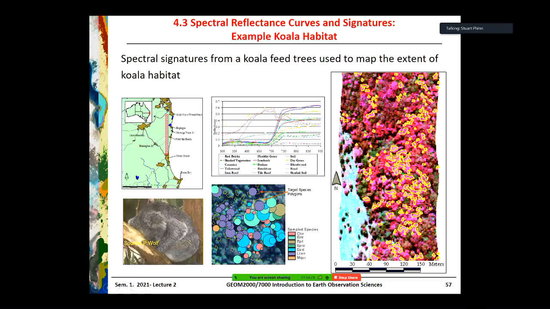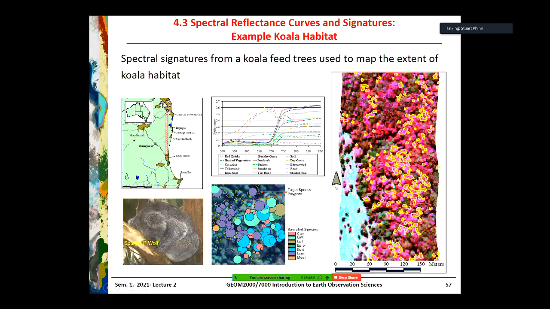So we went out with the field spectrometers, the same type as what you'll use next week, with some of the botanists and ecologists, hired some cherry pickers and other things, and went up above the tree canopies and measured the spectral signatures of the trees that the koalas were actually eating. And we also measured a range of other trees and grasses and other features.